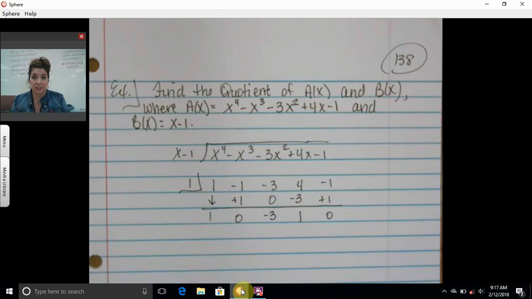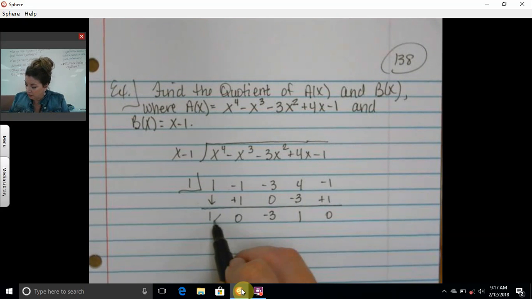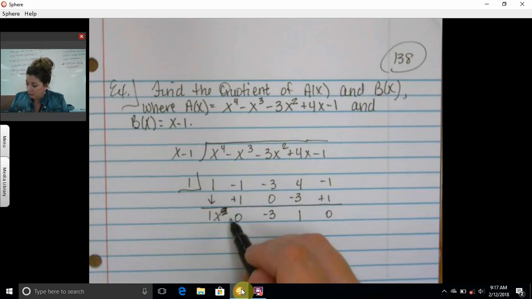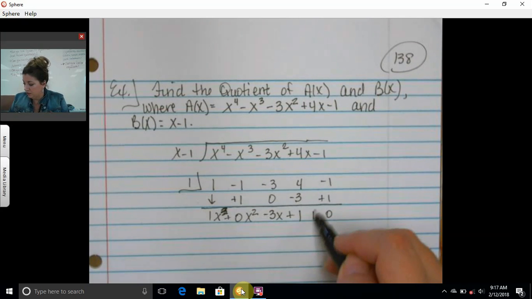Is x minus 1 a factor? Yes, it is. And whatever we have left, the quotient is also going to be a factor. Okay? So we have 1x cubed, 1 degree less, plus 0x squared minus 3x plus 1, remainder 0.